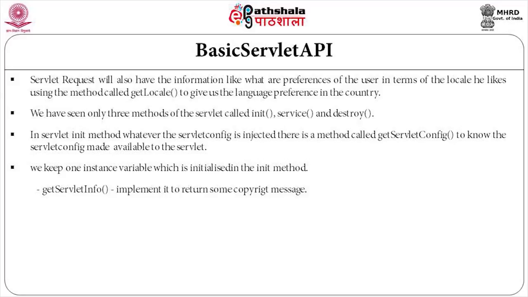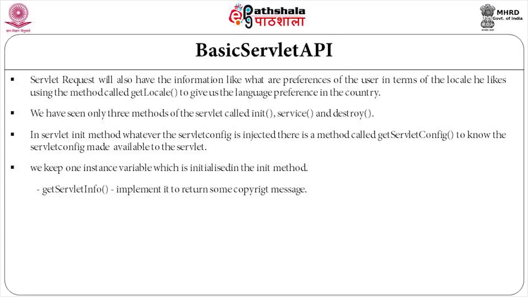So, we have seen the servlet response, we have seen the servlet request, we have also seen the servlet config, and we have seen the servlet context corresponding to our application. An important thing here is that when we saw the servlet lifecycle, we only saw 3 methods of servlet. We have seen the method called init.